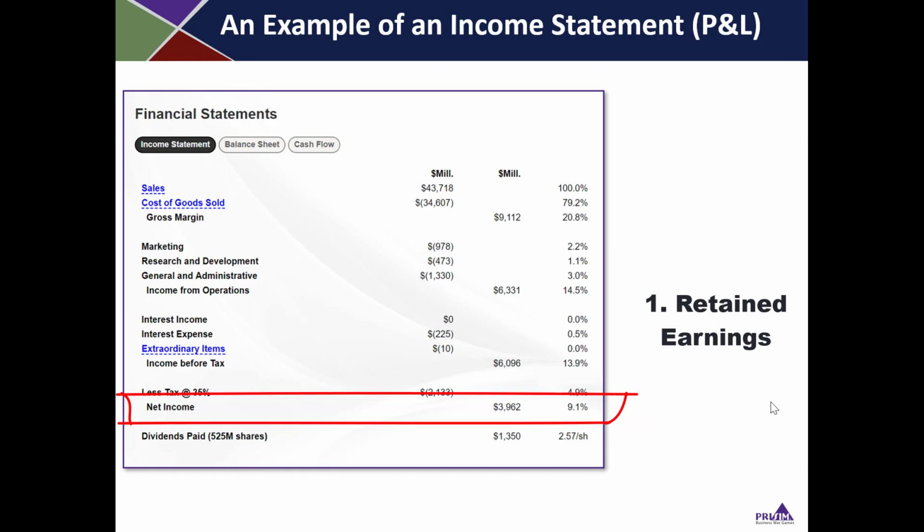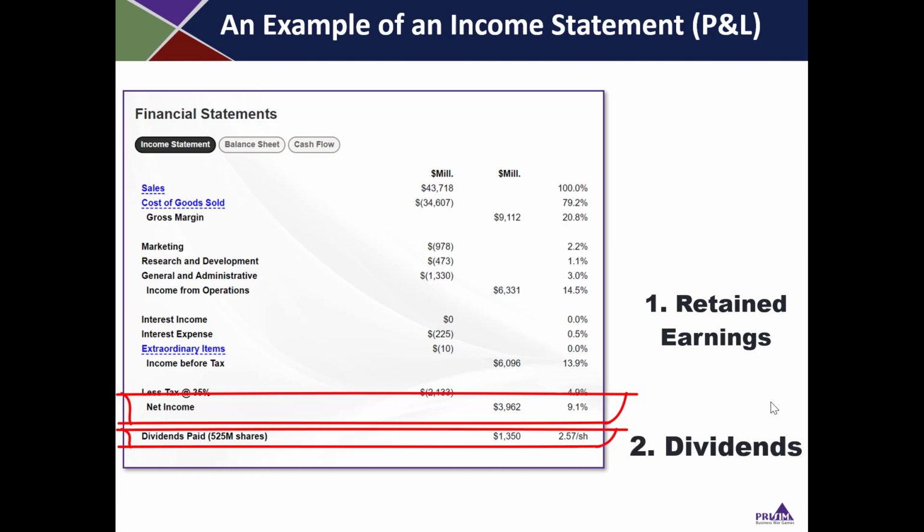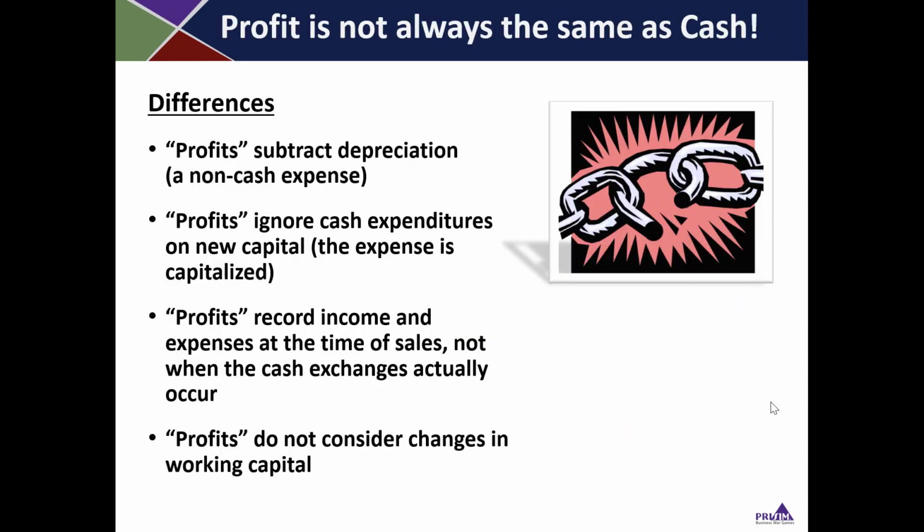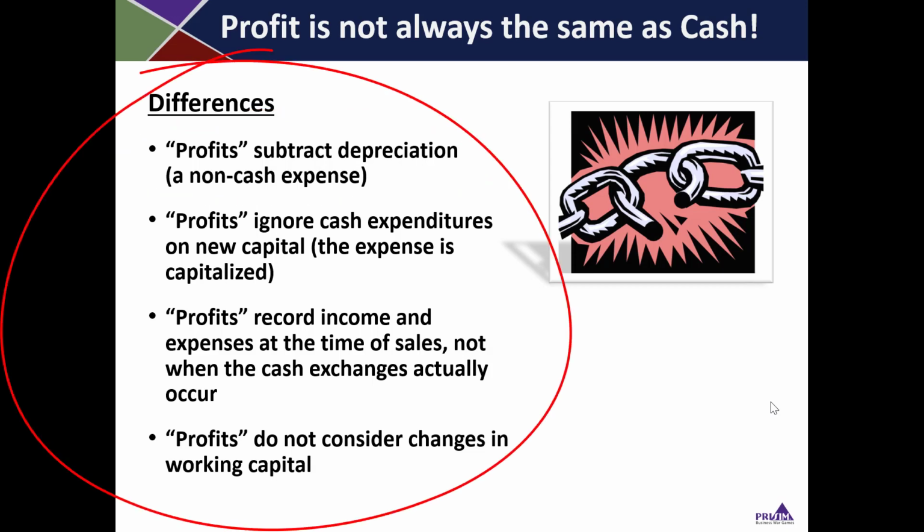Retained earnings on the balance sheet, which is money that you're putting back into the company, or it can go out of the company as dividends or distributions to shareholders, the owners of the company. And remember, as we talked about before, profit is not always the same thing as cash. And profits subtract, for instance, depreciation that we talked about, but that's a non-cash expense. So the point is, profit, again, is not always the same as cash.